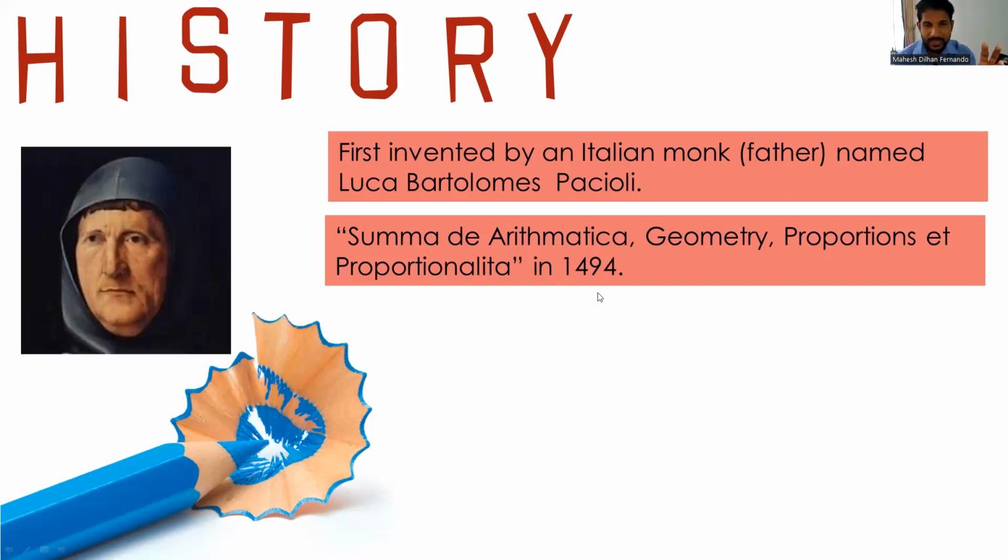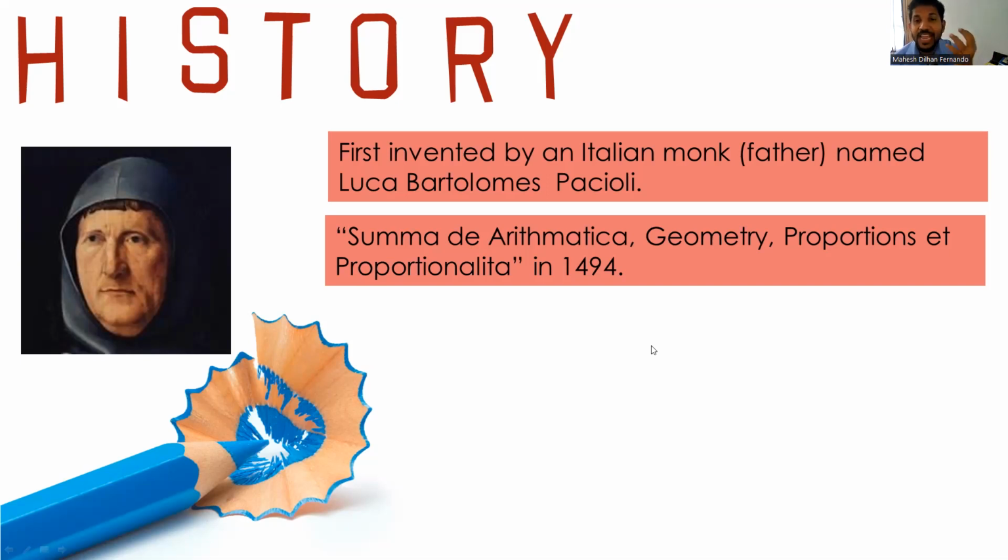The double entry system was initially introduced by this particular monk in 1494. In this book, he said that as a result of transactions, the values are changing every time.